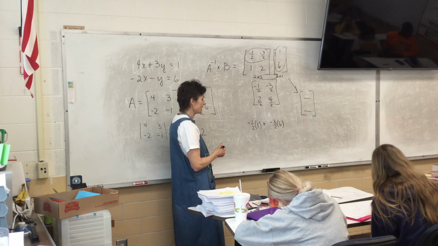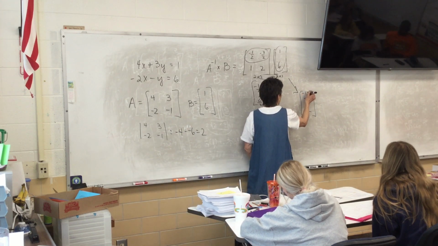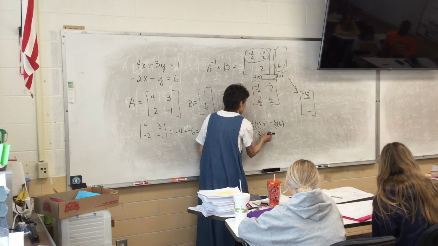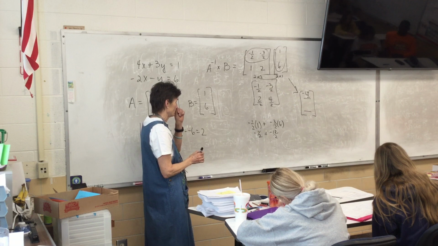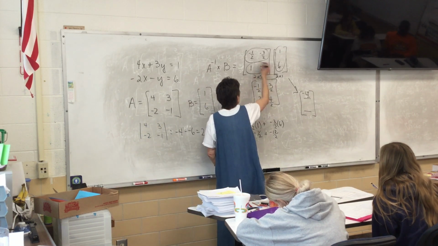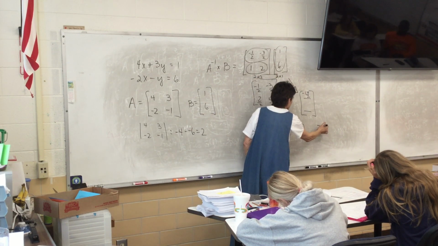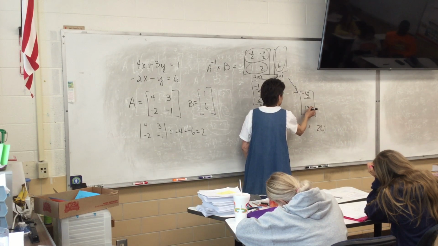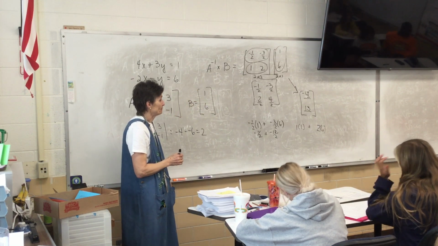Do you get -19/2? Because it's -1/2 and -18/2. Now we'll take 1 and 2 and times them by 1 and 6. So that's 13. And there's the answer to the system.